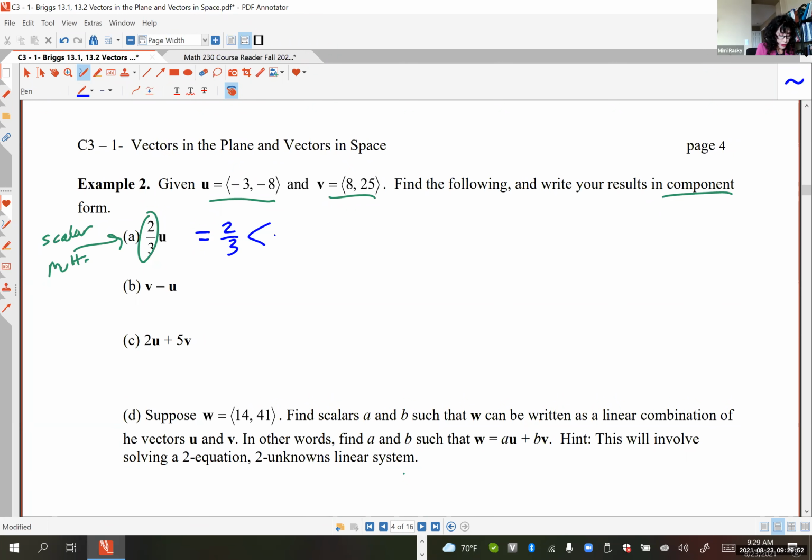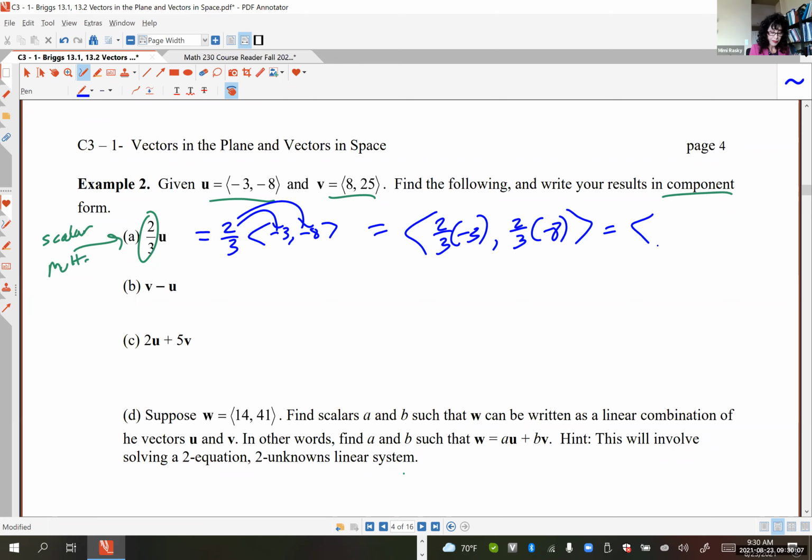You're going to take 2/3 and multiply it with this vector. And you can kind of think of the 2/3 as distributing. So you're going to have 2/3 times -3 and 2/3 times -8. And then clean these up, just do a little bit of reducing if it's able to be reduced to lowest terms. So the first one after reducing, we get -2.